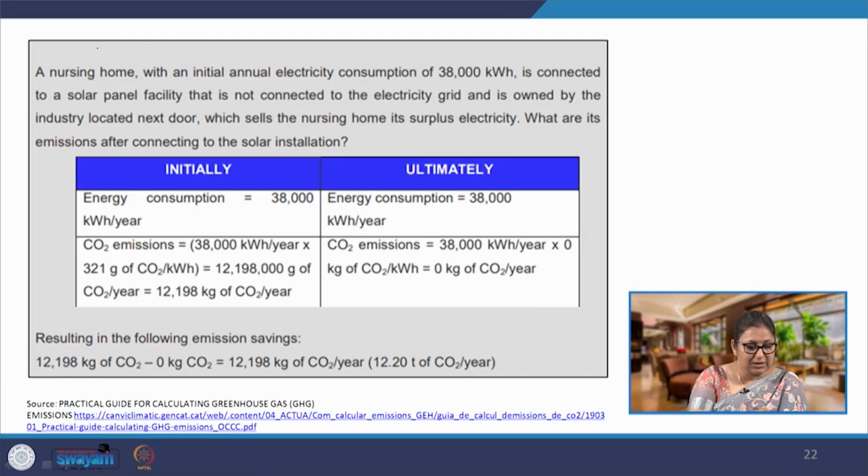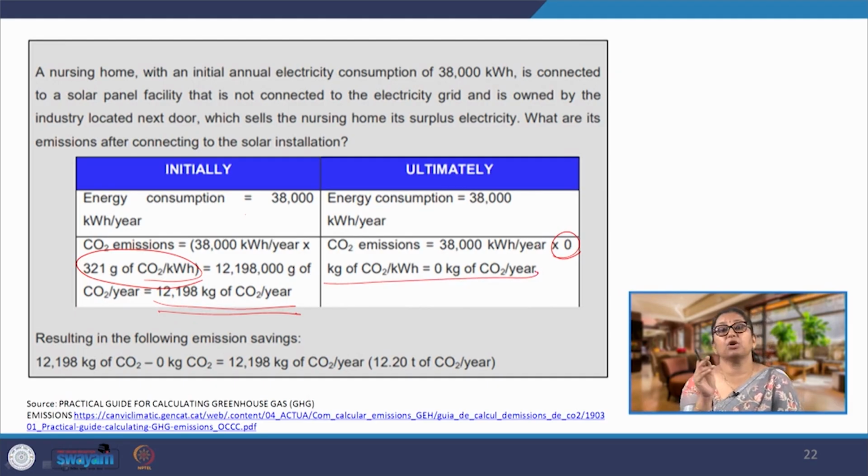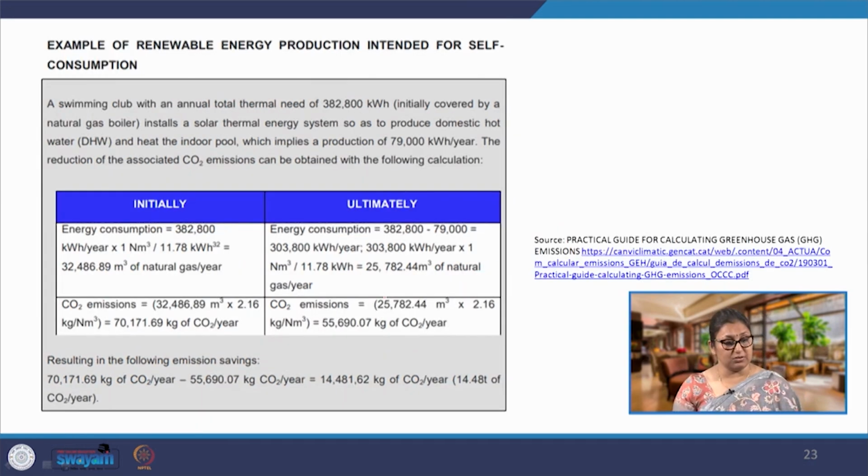In that case, the energy consumption earlier, if it was happening due to consumption of electricity from the grid, depending upon the emission factor, we would get some carbon dioxide, and now this emission factor has turned to 0, because all this energy is now being supplied from a renewable source, that is solar. So, that is how the reporting of each specific activity will happen within a project. This project could have only one activity or multiple activities. We will know the difference, how much is the emission reduction.